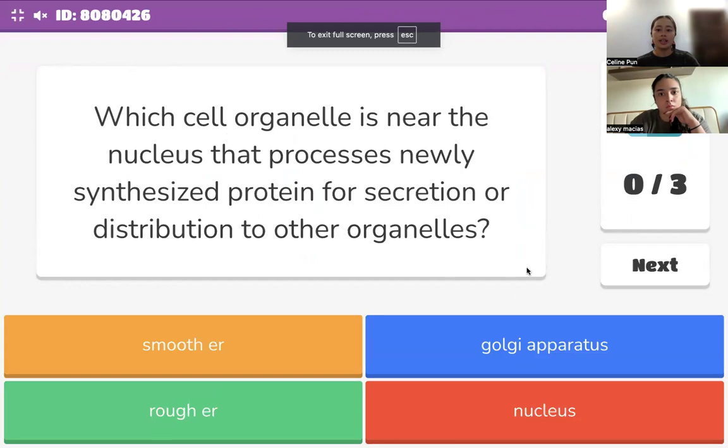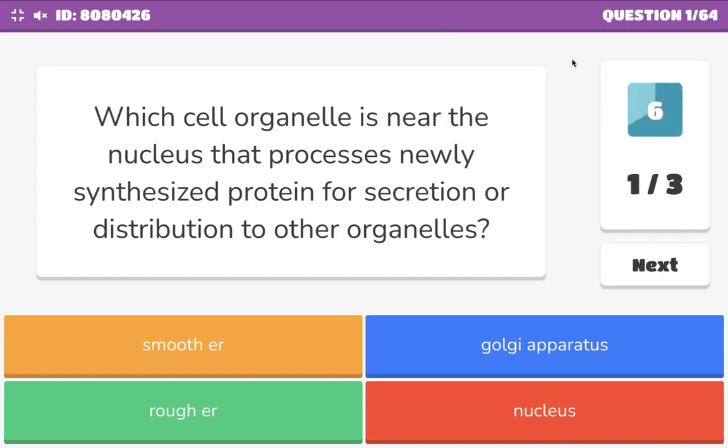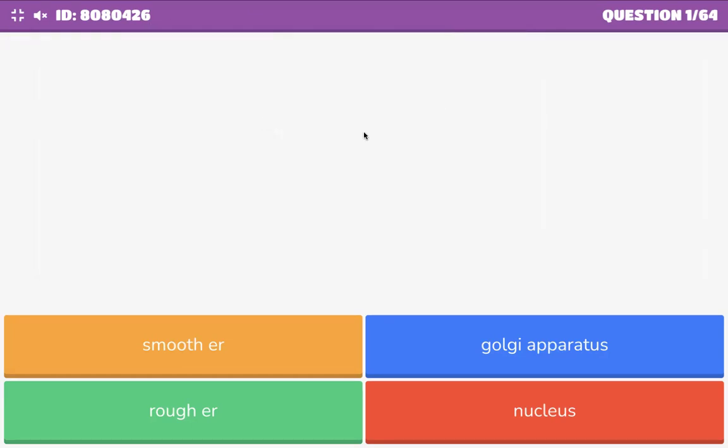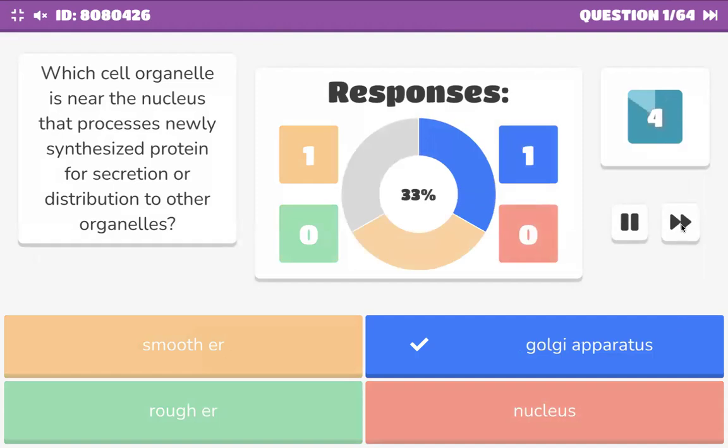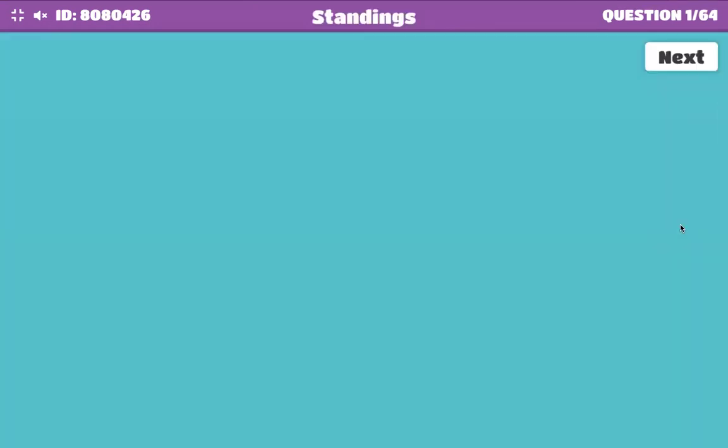Which cell organelle is near the nucleus that processes newly synthesized protein for secretion or distribution to other organelles? Yep, it is the Golgi apparatus.